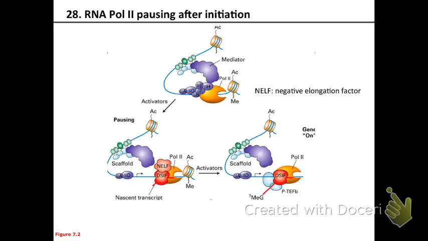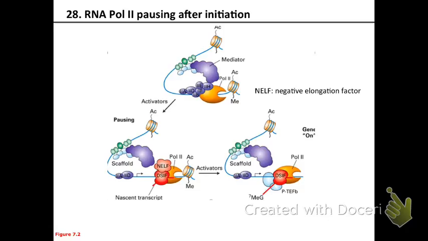This occurs at a large number of genes in humans. It was first recognized for heat shock genes in Drosophila. Heat shock genes are genes that are important for response to shifting flies into a higher temperature, and then people realized that this occurs in more than half of the genes in humans as well.